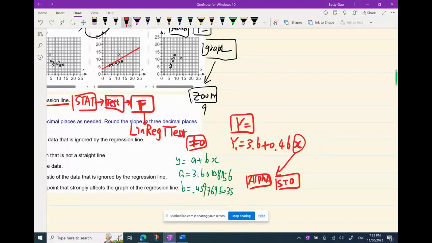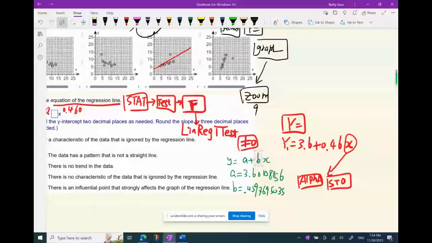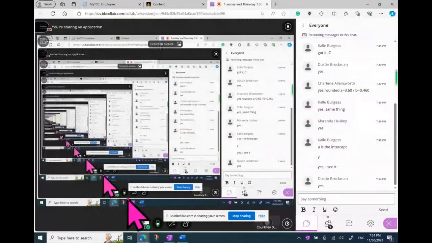So if you do alpha STO, you will see X there. So you enter Y sub 1. After that, you go to graph, and you will see the line of best fit on top of the scatter plot. Do you see that, guys? Pretty neat, right? The calculator can do a lot of things. Awesome. Thank you, Dustin. Thank you, Kelly.